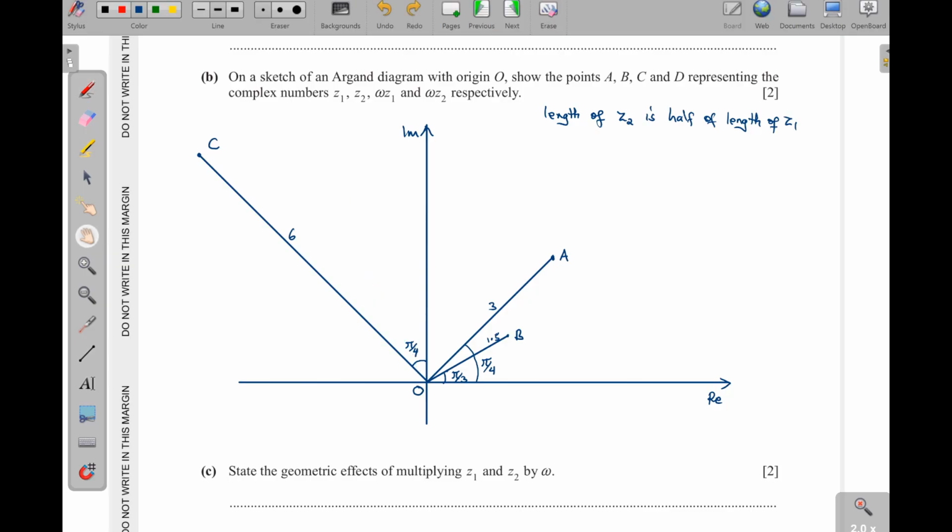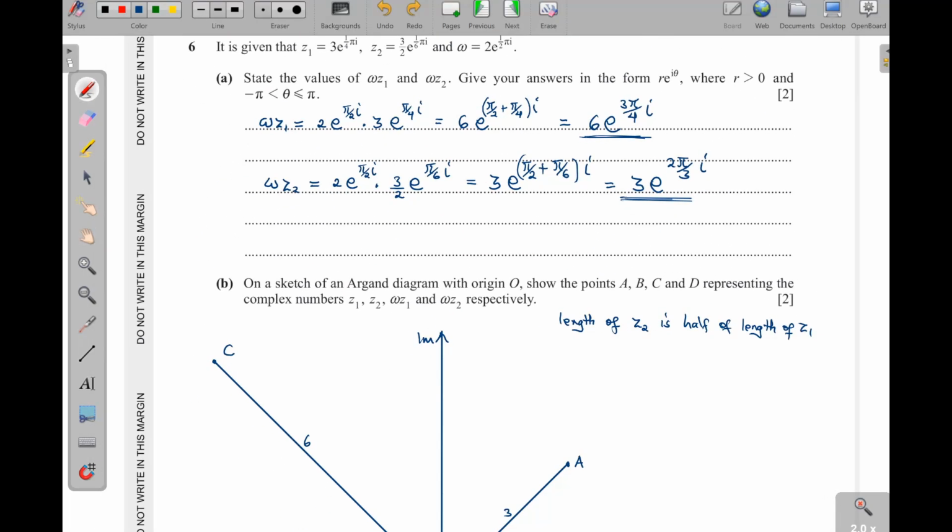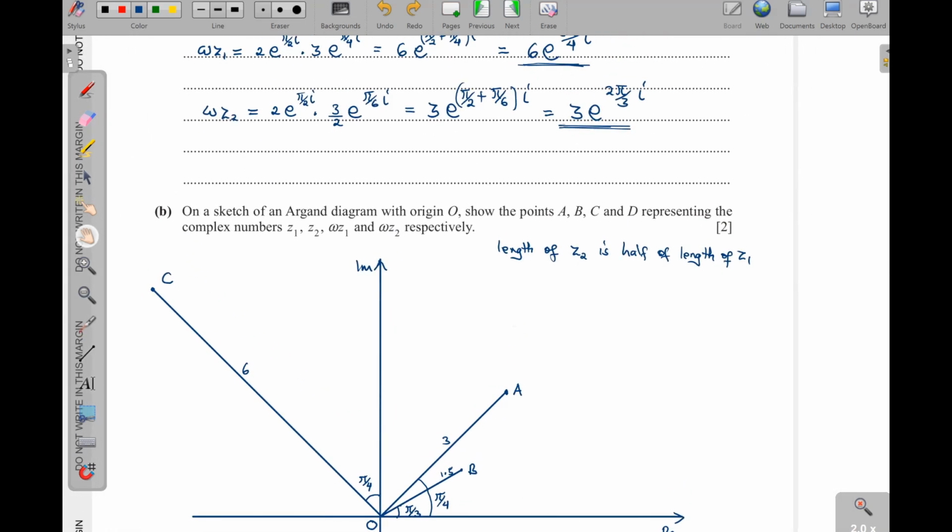Okay. So I will come to this one here again, and then I look for 120. But again, at omega Z2, you can see that it is 3 here. So that means it is half. So let me also write this one here, that length of omega Z2 is half of length of omega Z1.